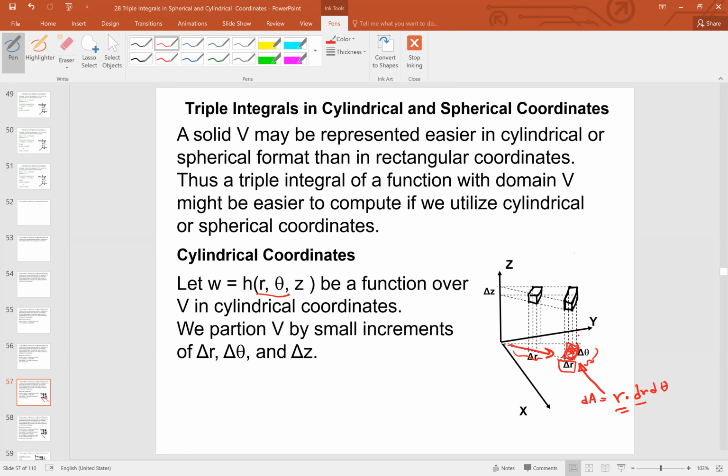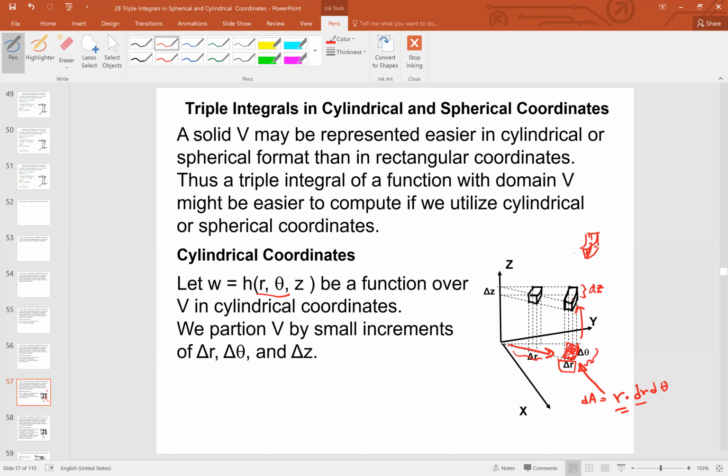Now I take the wedge, which is the base, and I let z change. Suppose I let z increase a little bit, so it forms a little shape like this with the same base as before.